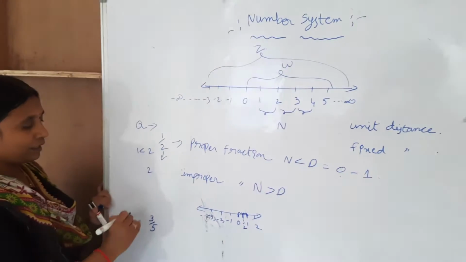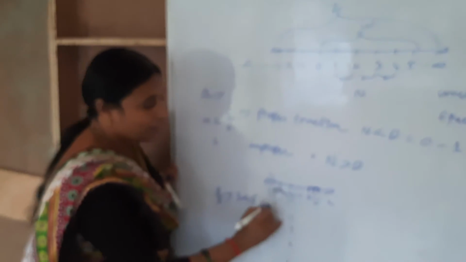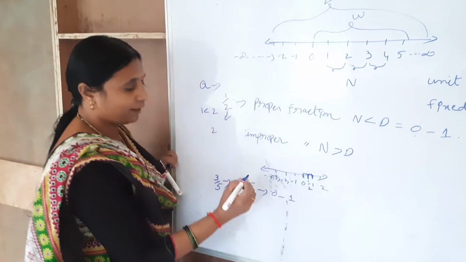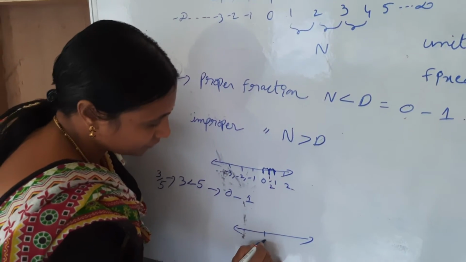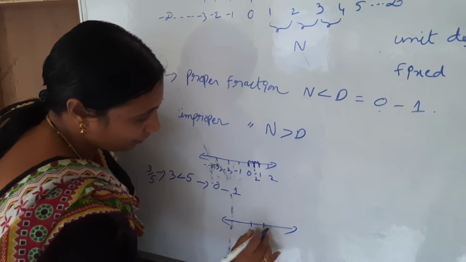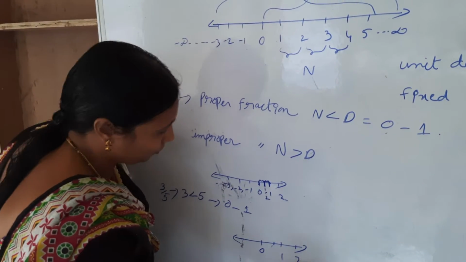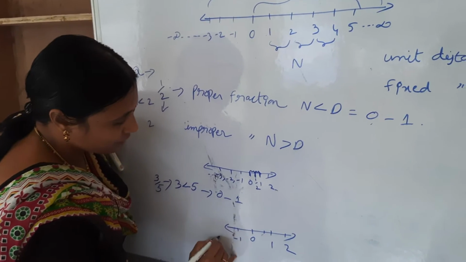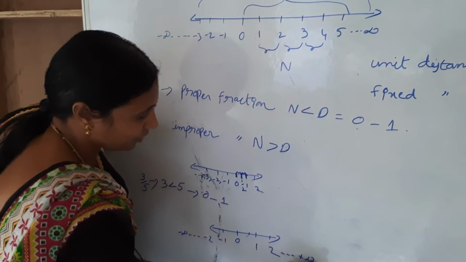Next, I am taking 3 by 5. This is also a proper fraction because 3 is less than 5. The numerator is less than the denominator, so the value lies between 0 and 1. Here I am taking 0, 1, 2, next minus 1, minus 2, and so on to minus infinity and plus infinity.